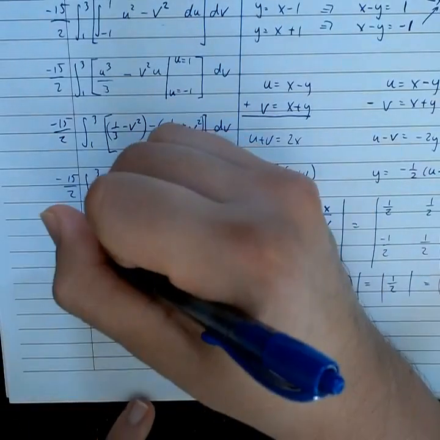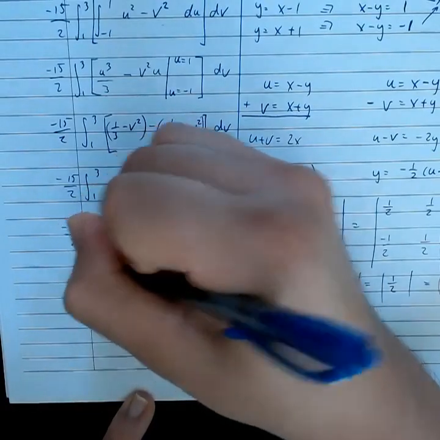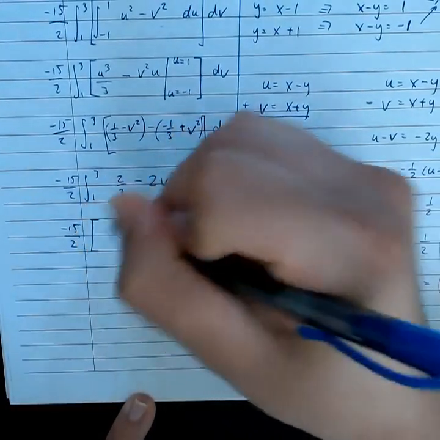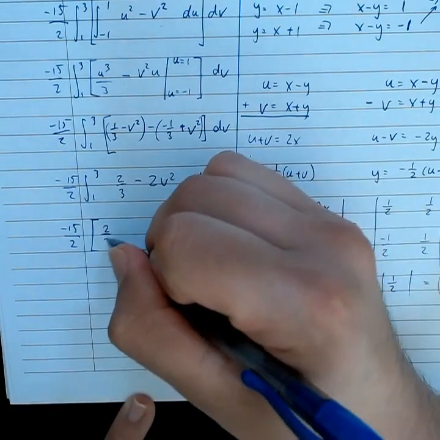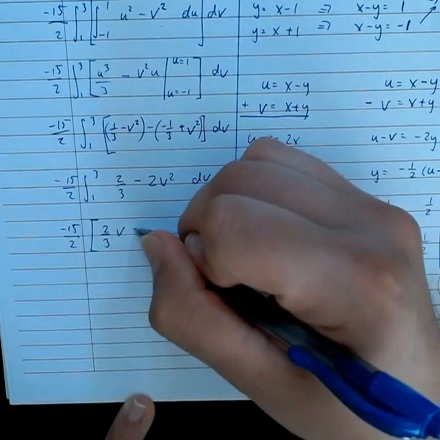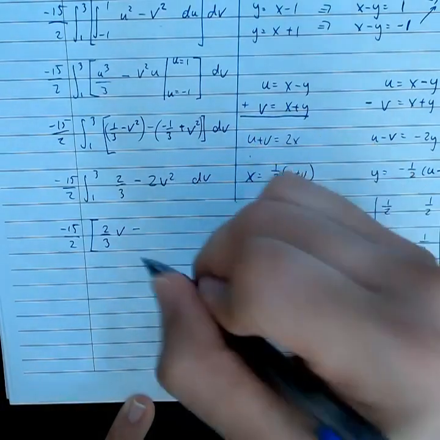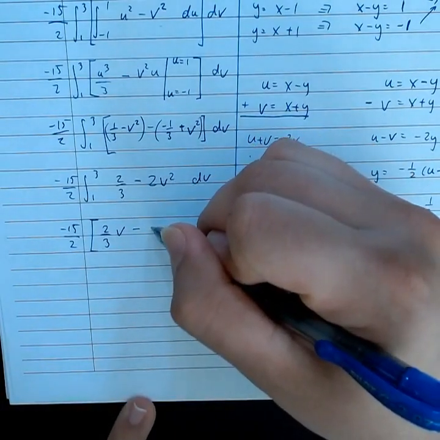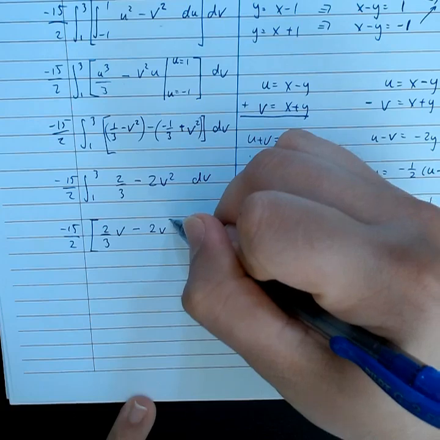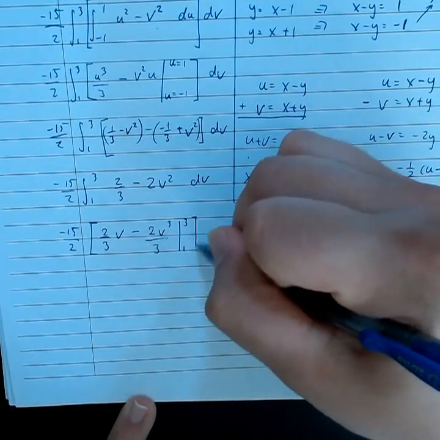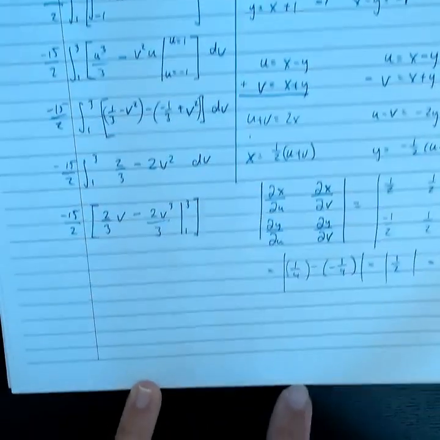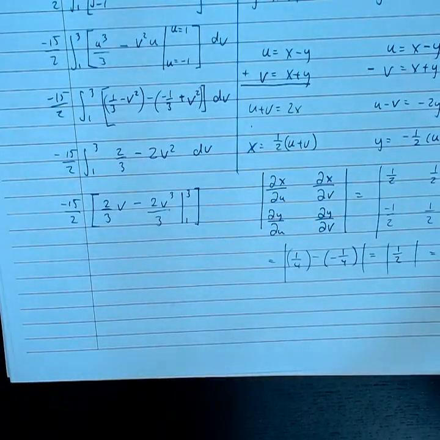Well, that's just the regular old integral of, well, let's see, 2/3 integrated with respect to v is 2/3 v minus the integral of 2v squared with respect to v is 2v to the third over 3, evaluated from 1 up to 3, just like that. So that's going to give us, let's keep those separated here.